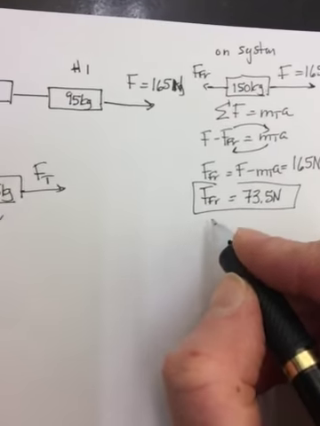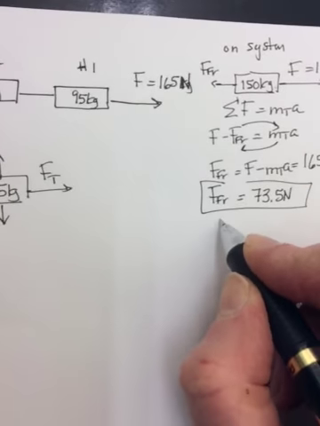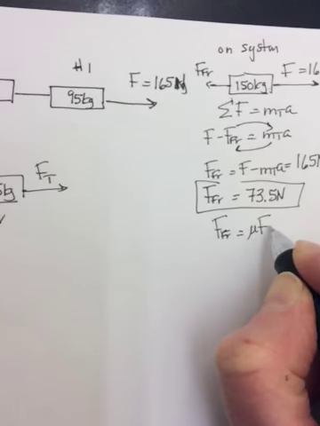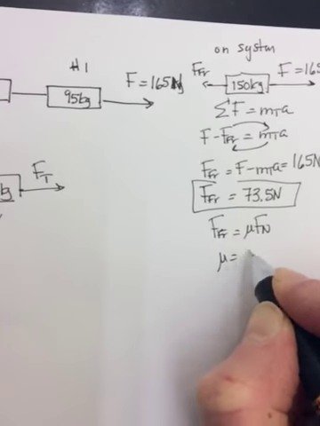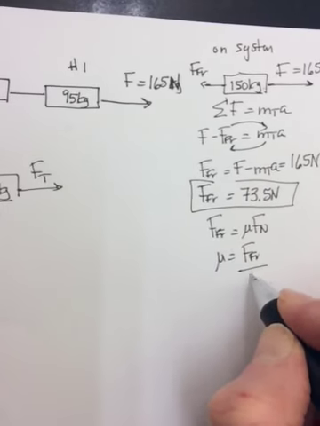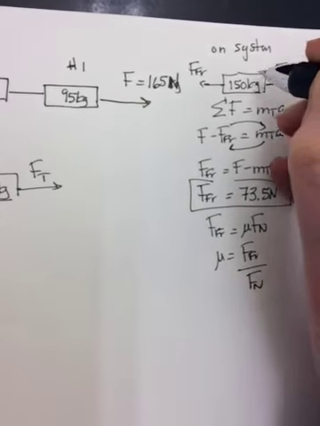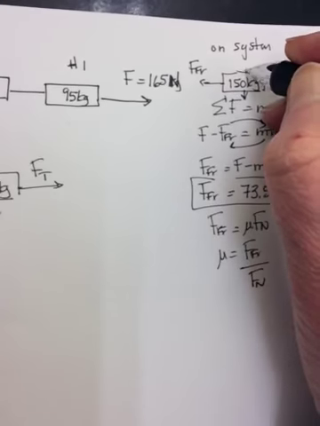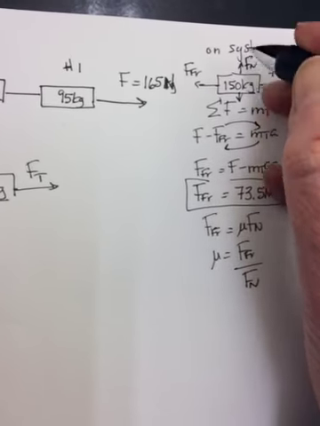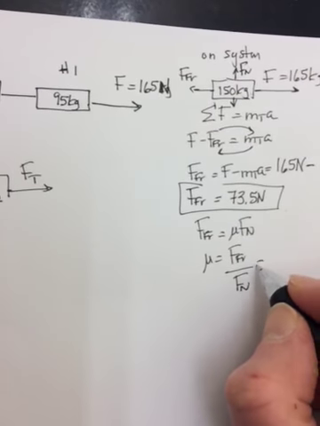So we can find the coefficient of the total by doing F friction is equal to mu Fn. So mu will be equal to the friction that we just found, the 73.5, divided by the normal force of the total. And the normal force of the total should just be equal to M total G, because it's not moving in the y direction.